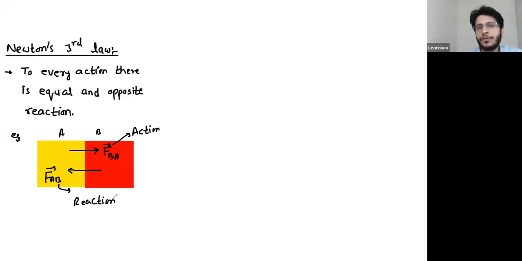You can even say this F_AB is action and your F_BA would be your reaction. So these are action and reaction pairs.